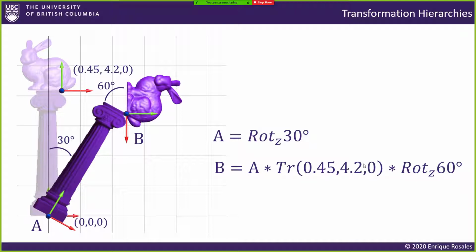And the beauty is that it doesn't matter what the new position of the bunny is. The bunny was originally here, and now its new position is here, but its local coordinates are not changing. It doesn't matter if I keep rotating the column, the local coordinates of B are exactly the same number, because it's with respect to its parent. So you're basically taking everything with the column.